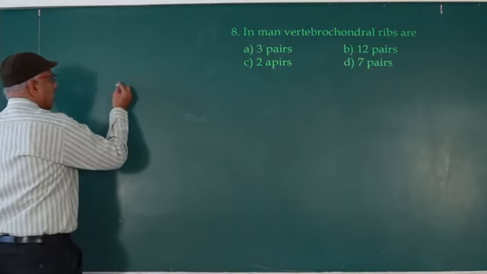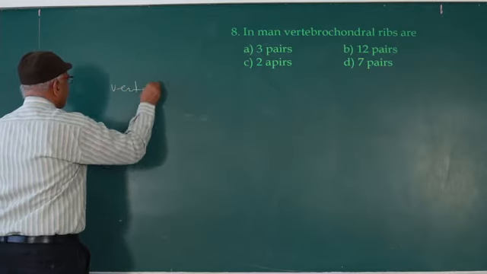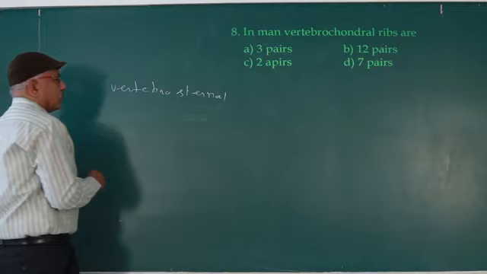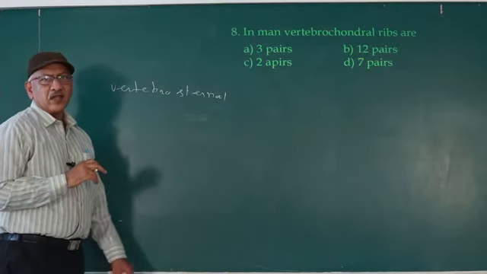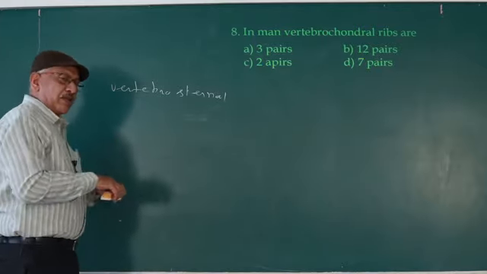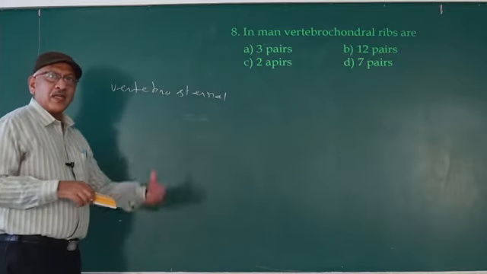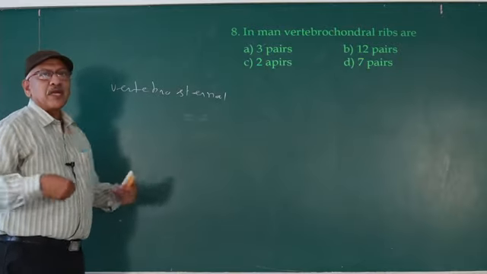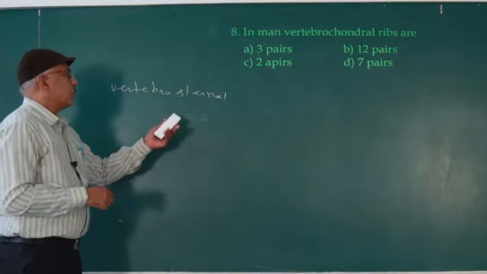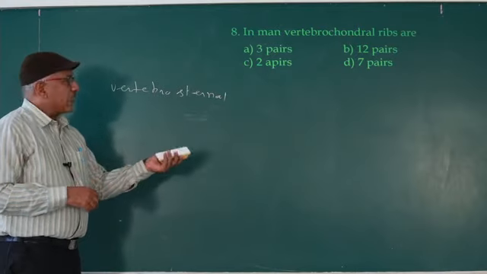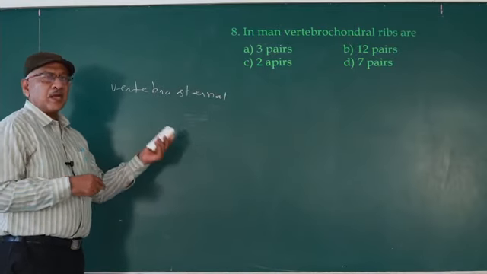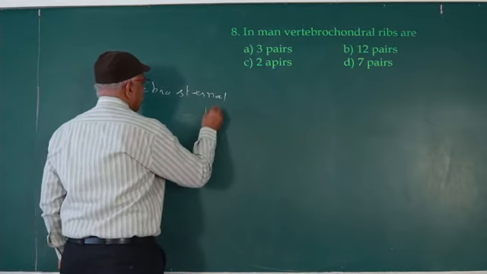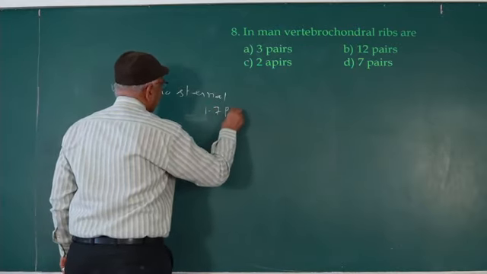First 7 pairs are vertebrosternal ribs. 12 pairs of ribs on the dorsal surface attach to the vertebra, and on the ventral surface most of the ribs attach to sternum. If the ribs attach to the sternum directly, they are known as vertebrosternal ribs. Vertebrosternal ribs are first to 7th pairs.